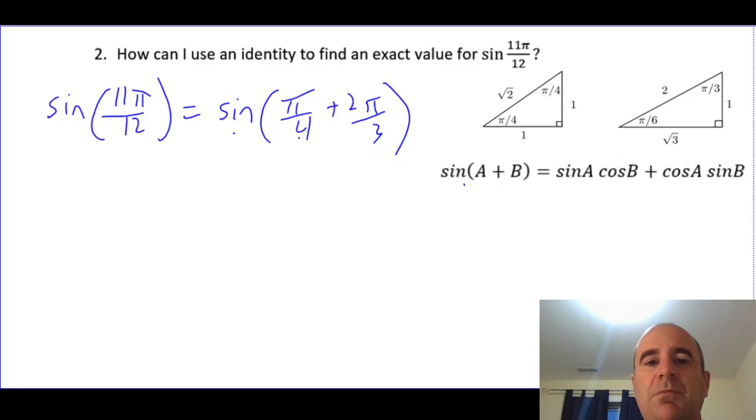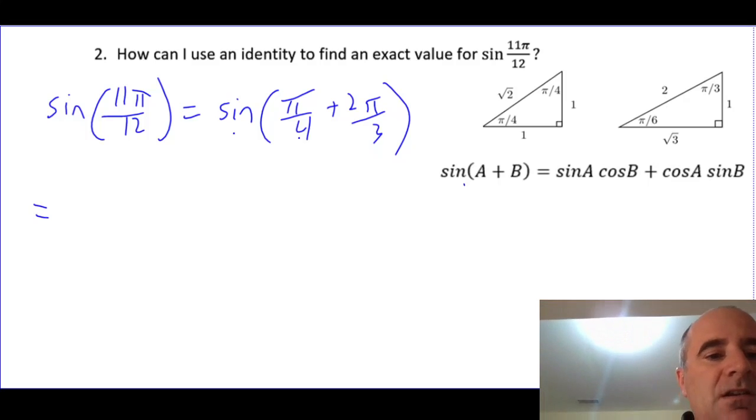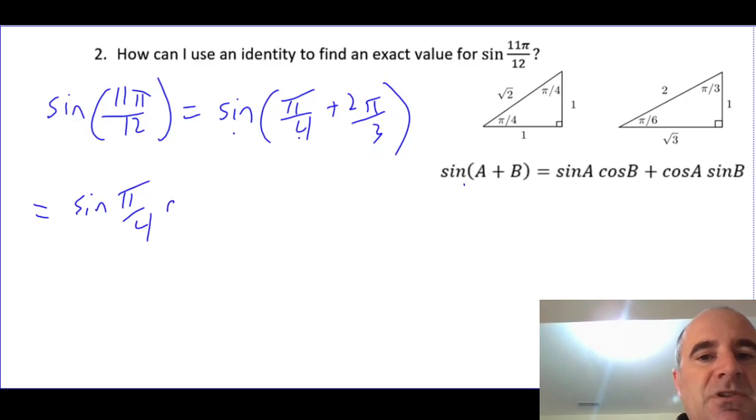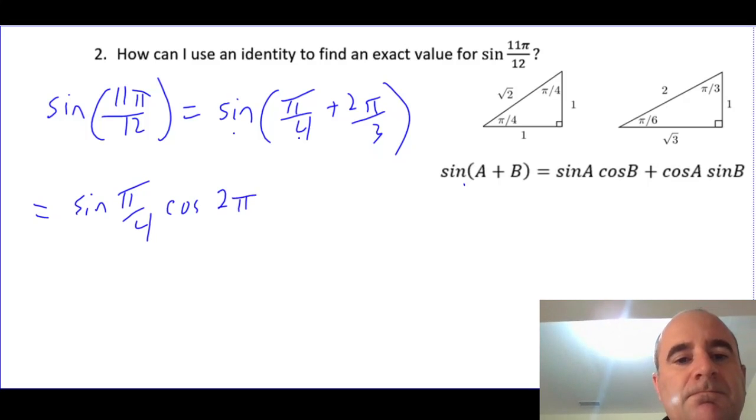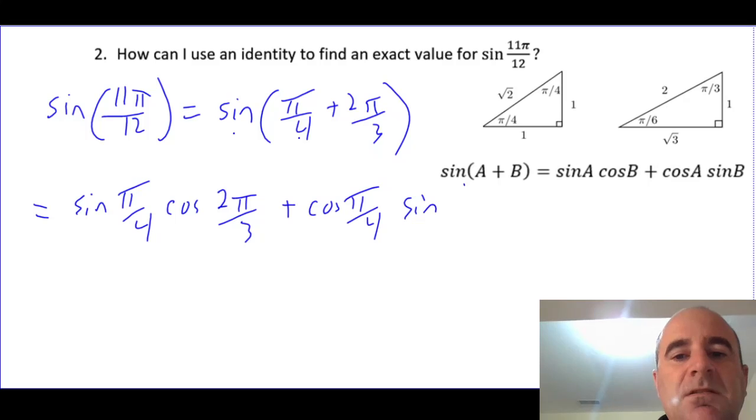So let's use that formula to, you can think of it kind of expanding this expression right here. We will get the sine of pi over 4 times the cosine of 2 pi over 3 plus the cosine of pi over 4 times the sine of 2 pi over 3.